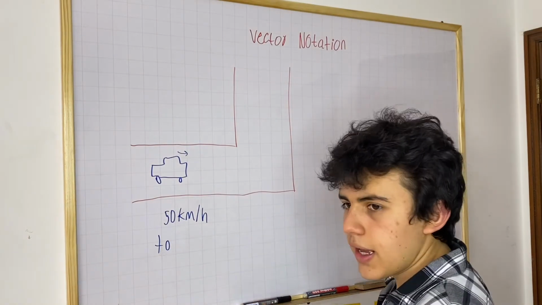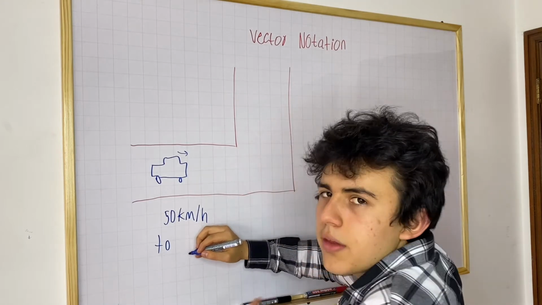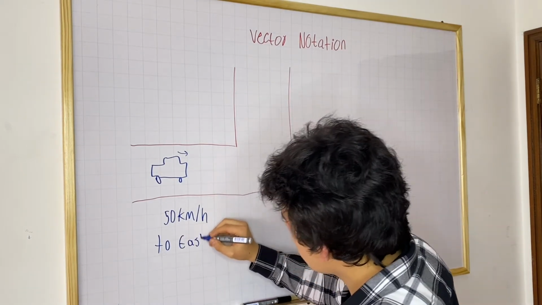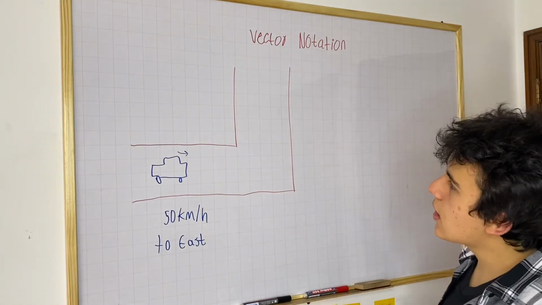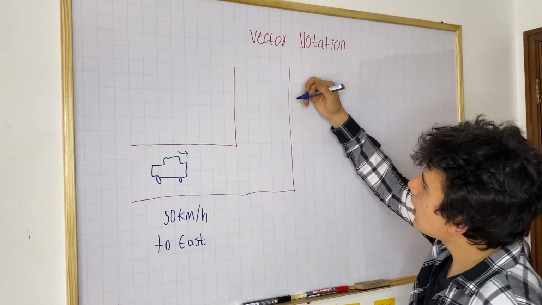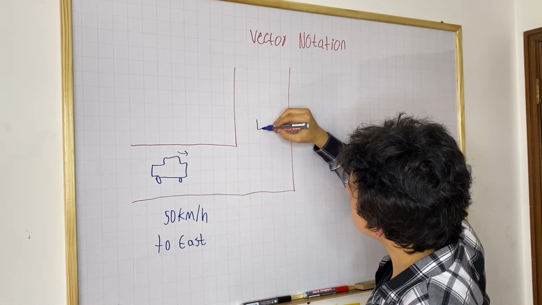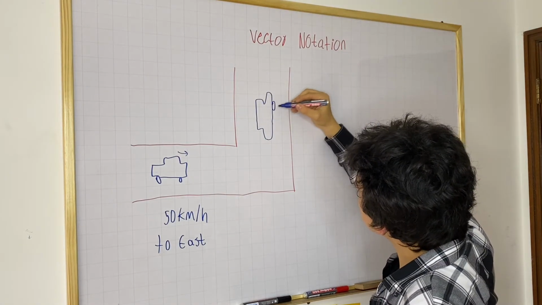When you write it, you also want to specify the direction of the vector, to the east. Now I'm going to say that this car is also traveling when it takes this turn. That's the same car.